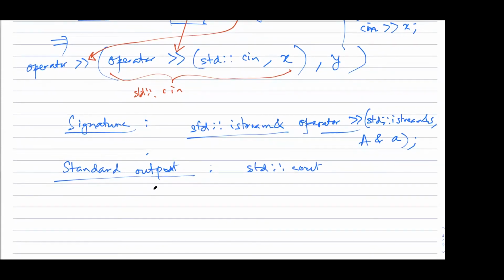So here we write generally cout << x << y, right? That means that from the variable we want to output into the output stream.